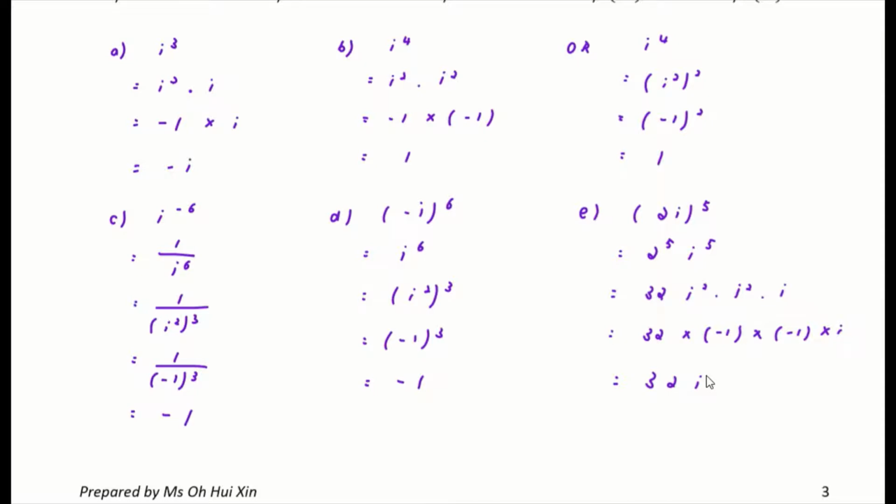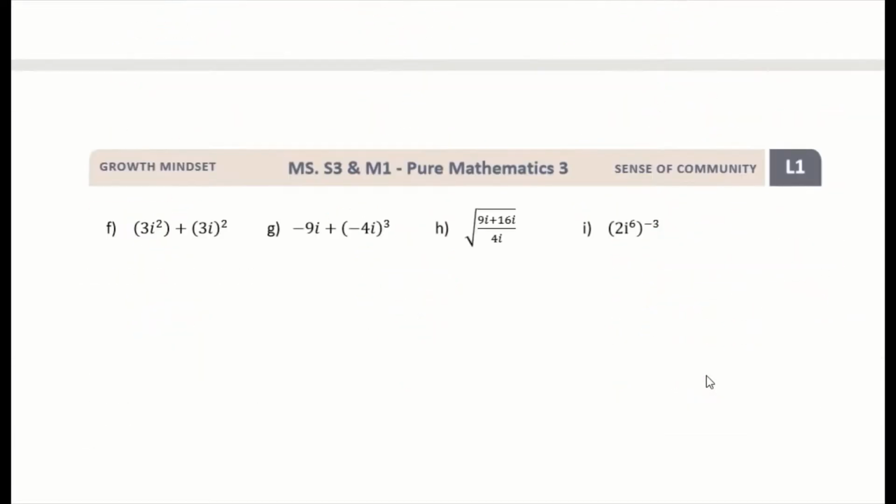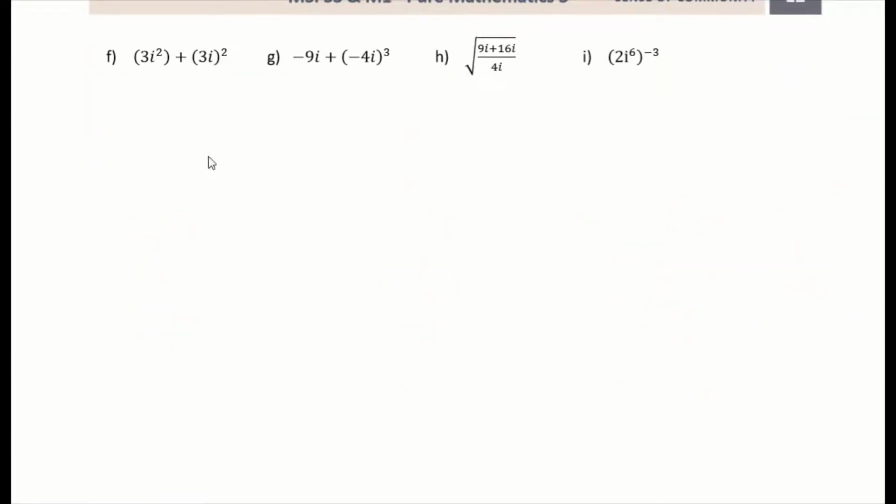Okay, so that's it. Then after that, let's try to look at F. This is going to be a little bit of plus and minus here and there. So we have 3i squared plus 3i in the bracket squared. When we try to solve this, perhaps we can start from here. So 3i squared, there's nothing that we can continue to do here, right?